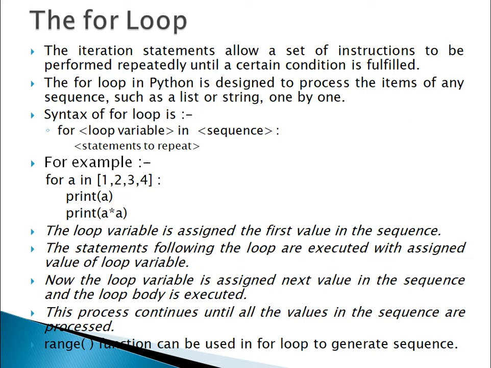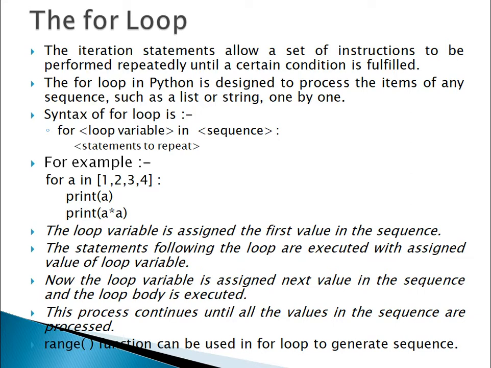Okay, so if you are at the top of the staircase, then you will have to come down. So what will be the starting value? That will be 100. And what will be the ending value? That will be 1. And you will decrement yourself by 1 or 2. If you are covering 1 step at a time, then you will decrement by 1. If you want to cover 2 steps at a time, then you will decrement by 2. Okay, so in loops, you have to execute a particular task a given number of times.